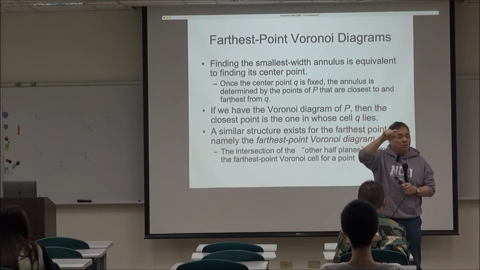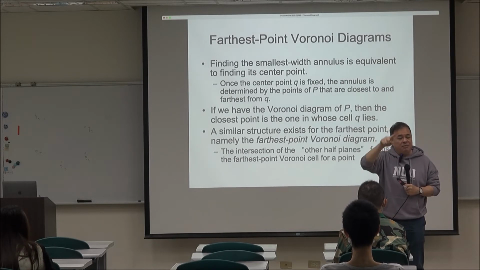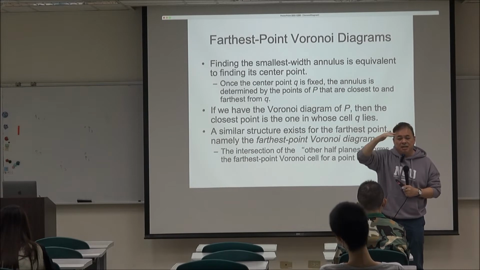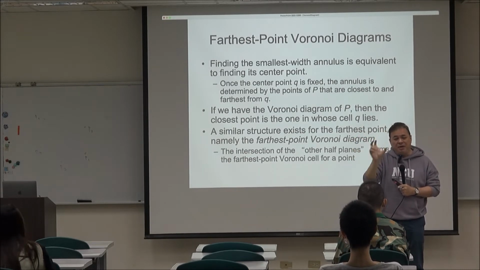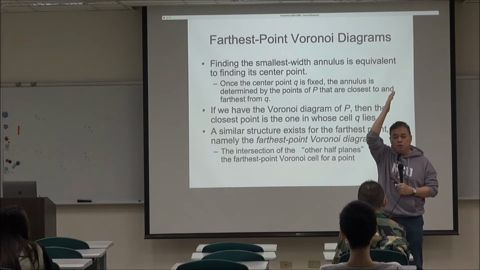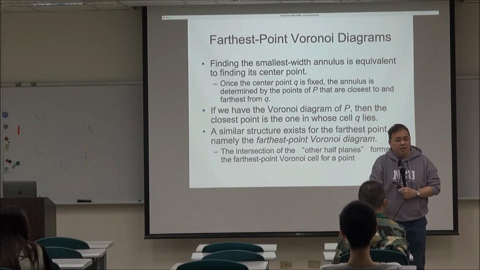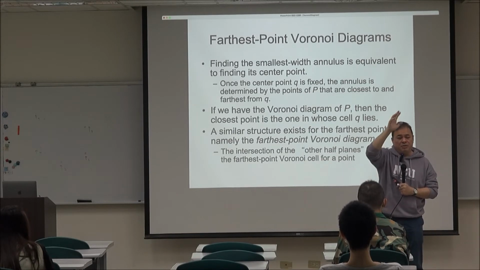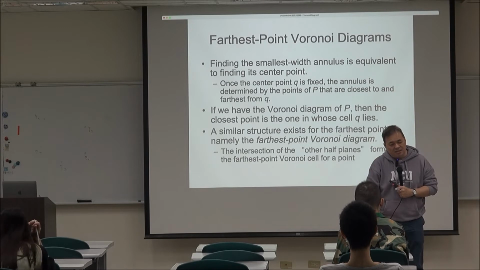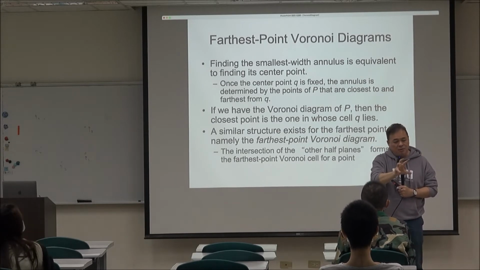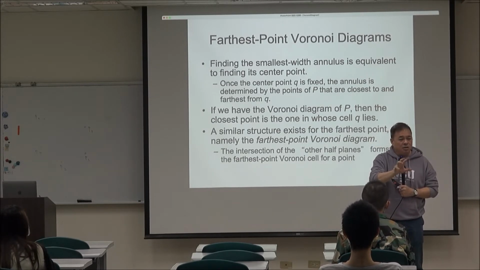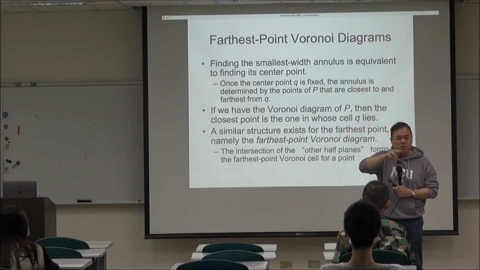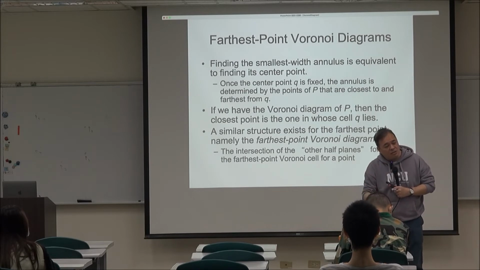Remember, in the Voronoi diagram, I said a cell can be considered as the intersection of half planes. For every pair of sides, you create a bisector, to have 2 half planes. You keep the half that includes this side, and then you do the intersection for every such half plane, and you get the cell for this side.